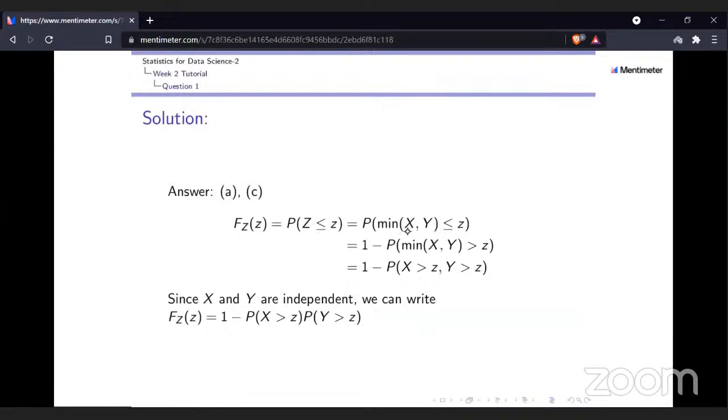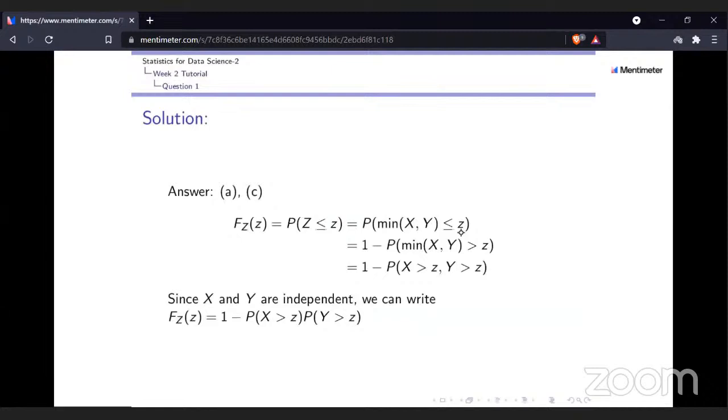So why can't we write it as X less than or equal to z, Y less than or equal to z? Because if this is the minimum of X, Y and the minimum is less than z, it may not be that both the numbers are less than or equal to z. It is possible that the other number is greater than z.